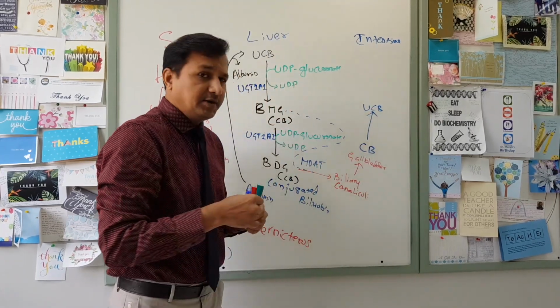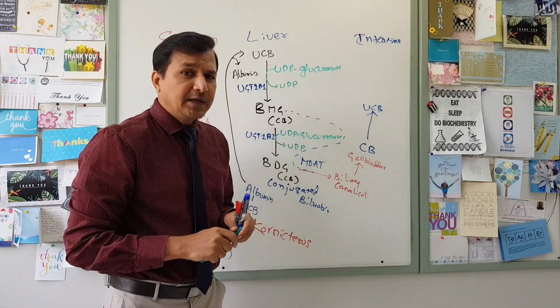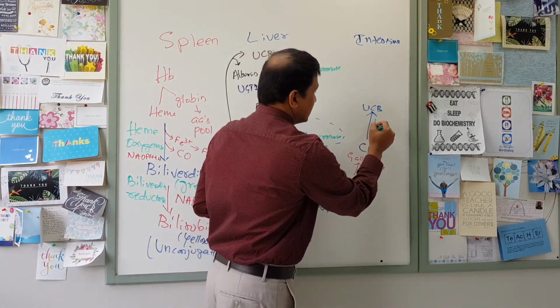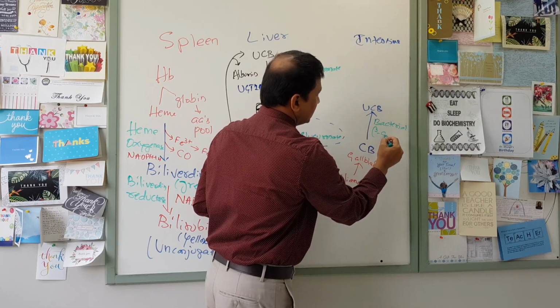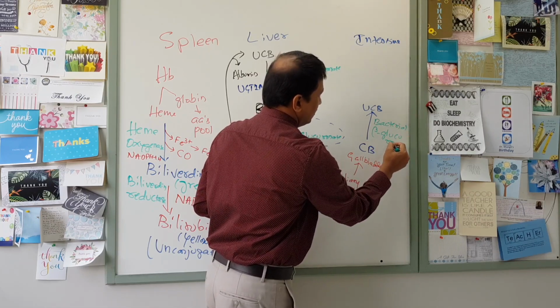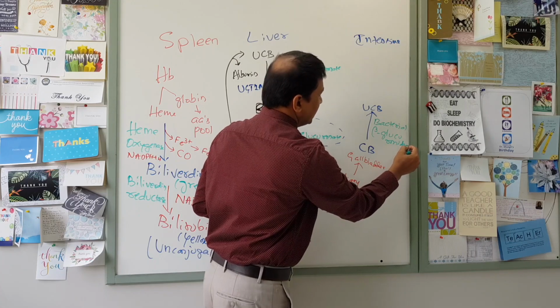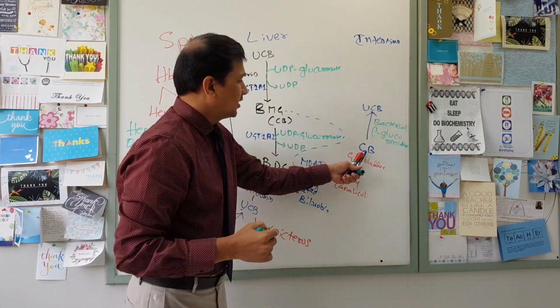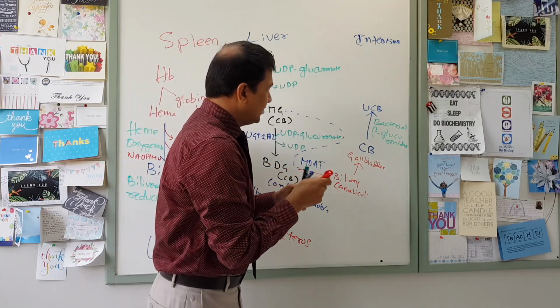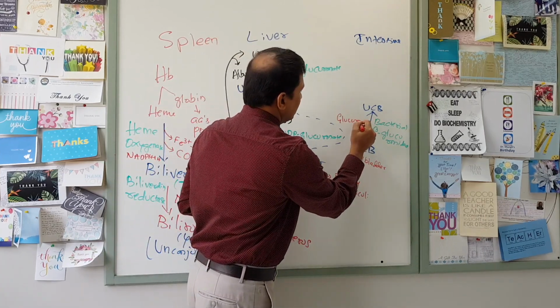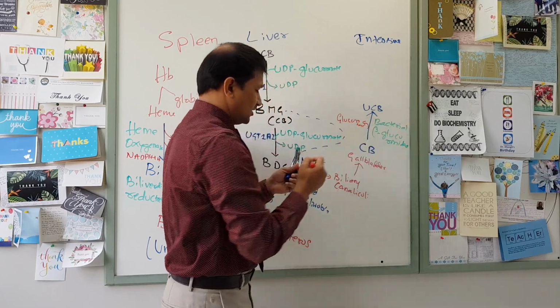This job is done by bacterial beta-glucuronidases. These are bacterial enzymes. Bacterial beta-glucuronidase enzyme converts conjugated bilirubin into unconjugated bilirubin by releasing glucuronate. Glucuronate is released, so that's unconjugated here.